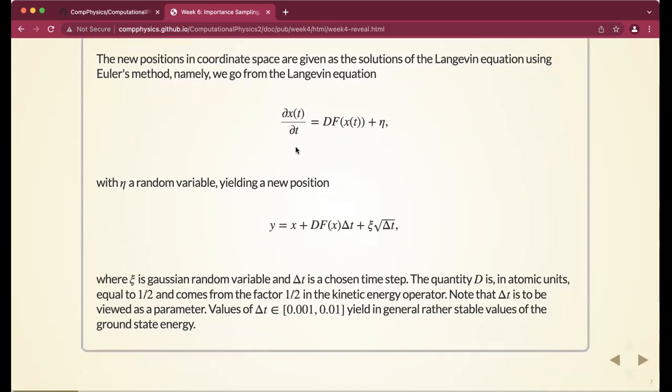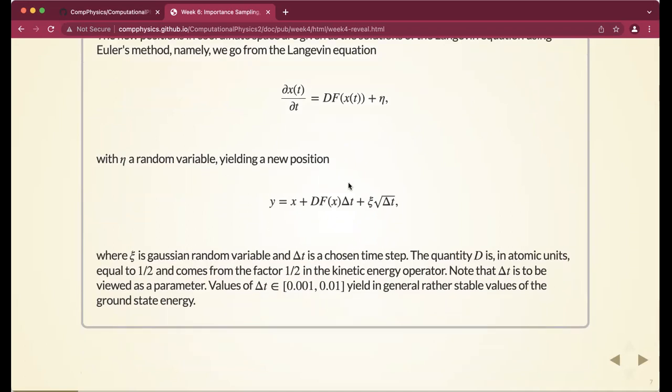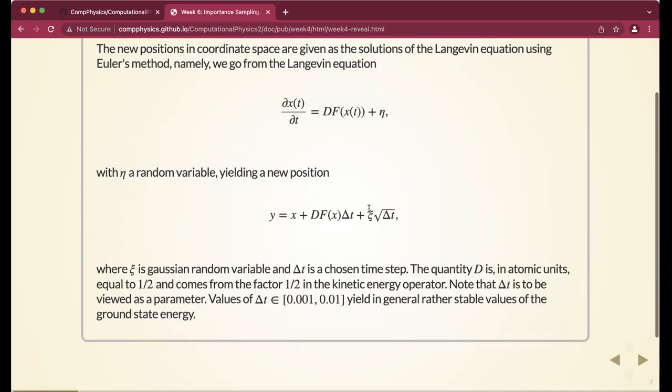Then you can integrate this up. So this is a stochastic differential equation. And this is the equation which is now going to govern the way we set up new positions. So you can integrate this up. There's going to be a Gaussian variable. So we always assume Gaussian variables. So this eta is a Gaussian, and this xi is a Gaussian. And then you can show formally, so I'm just giving you the answer, there's going to be a delta t here, and there's going to be a delta t here.